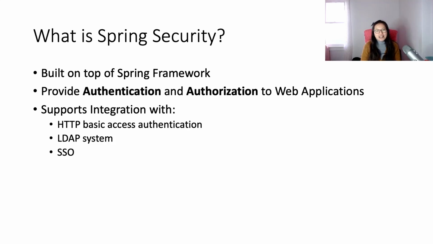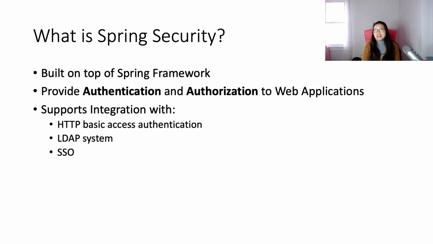Okay, and what kind of features does it provide? Basically, it provides two types of features, which are very critical for not only web applications but also for other standalone applications: authentication and authorization.